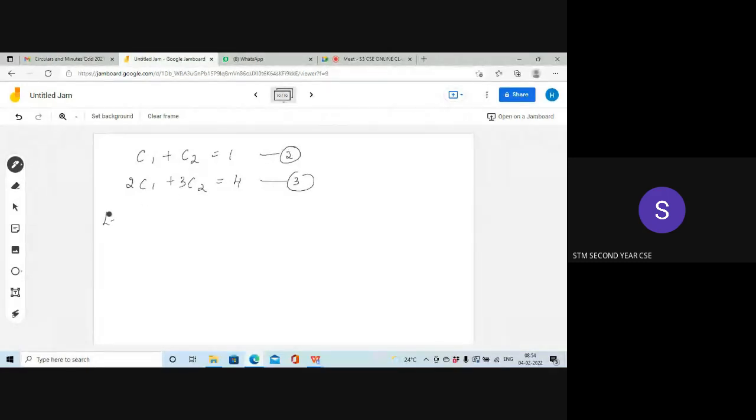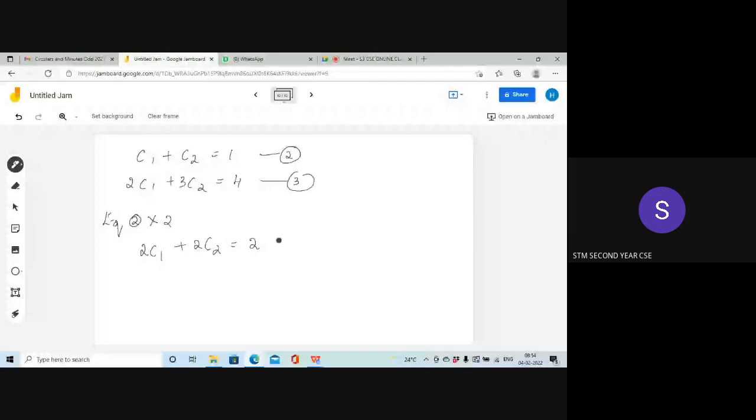Then multiply equation 2 by 2, so that you get 2C1, and then if you subtract, the C1 term will get cancelled off. So multiply equation 2 by 2, you get 2C1 plus 2C2 is equal to 2. And this is equation 4.